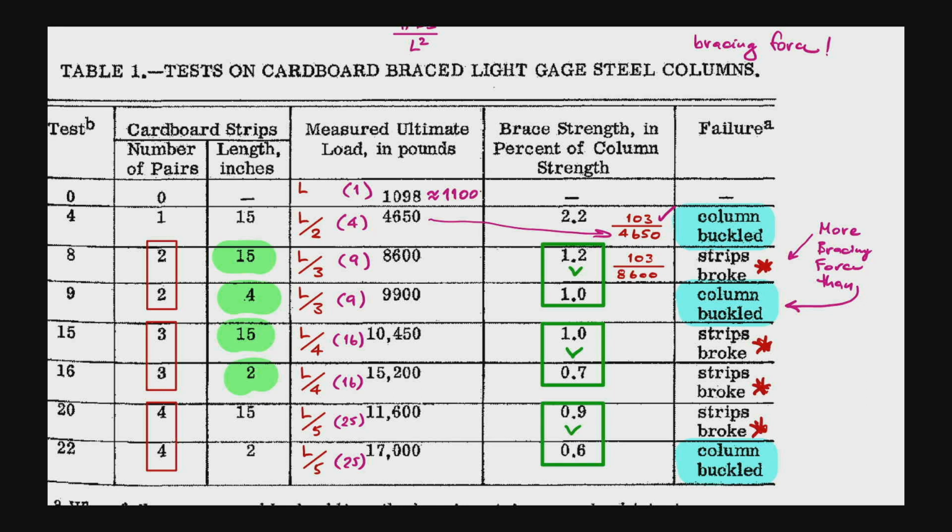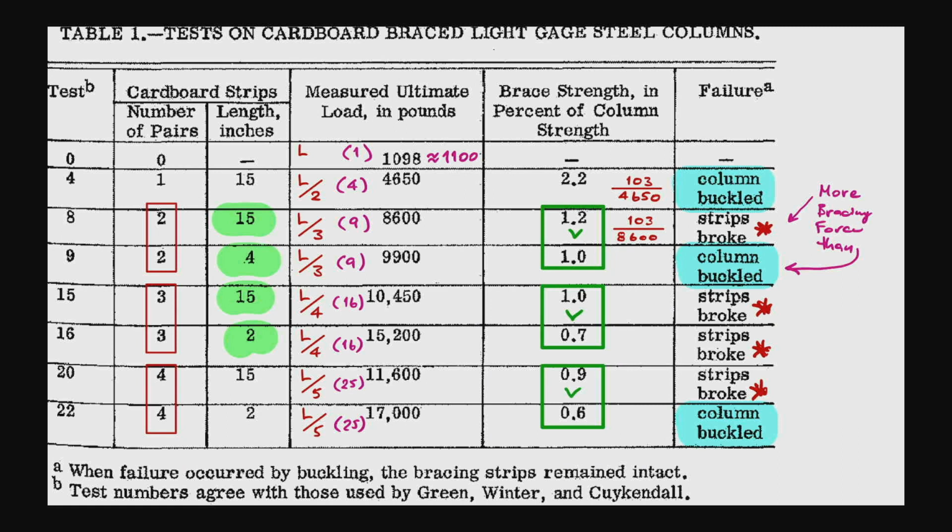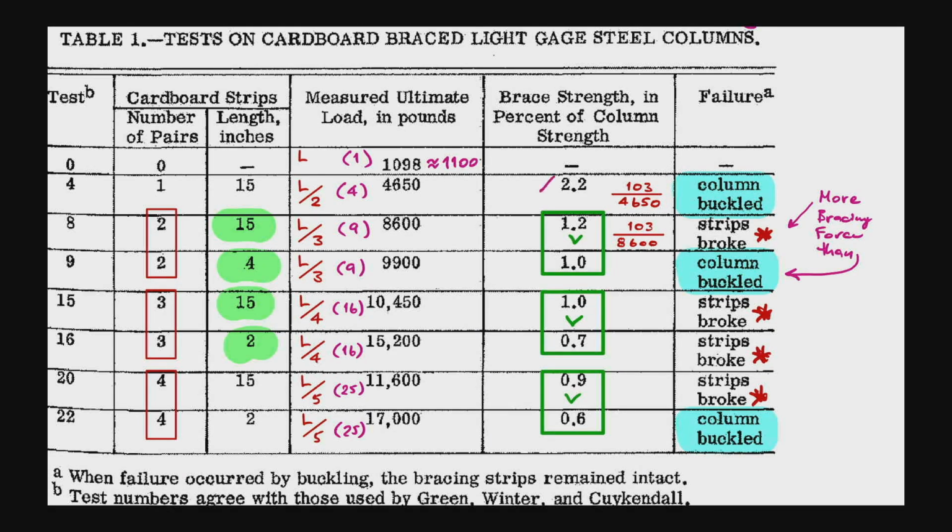Okay, so you take these two, divide, and then you get the fraction, and it turns out to be the percentage. So you multiply by 100. You can see that for the first case, the percentage is high, and then the percentage is reduced and reduced and reduced, as the column load increases.